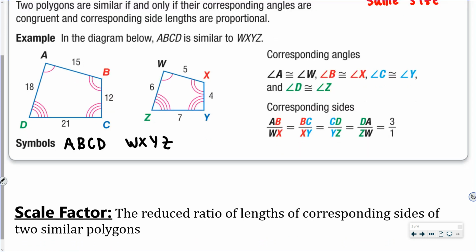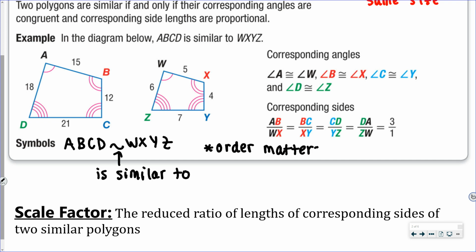So how we write this in math language, we want to say is similar to is this symbol right here. That means is similar to. So ABCD is similar to WXYZ, and the order matters.